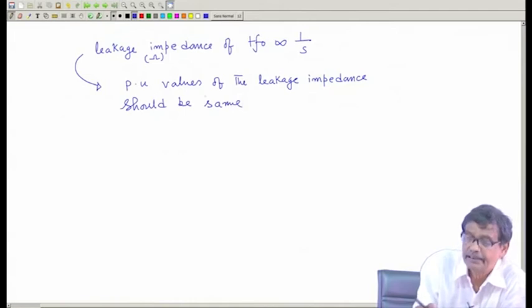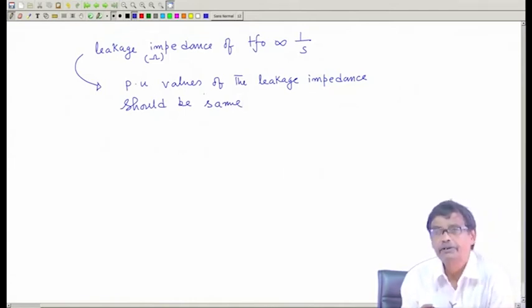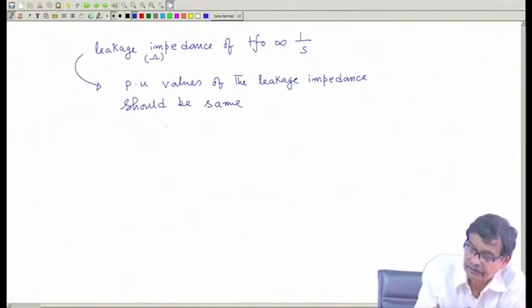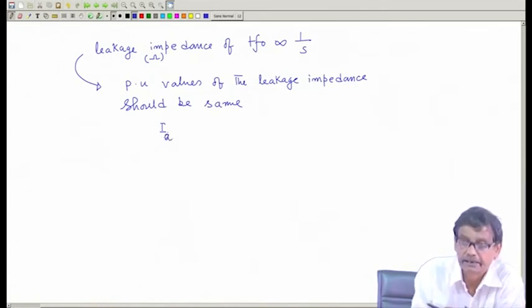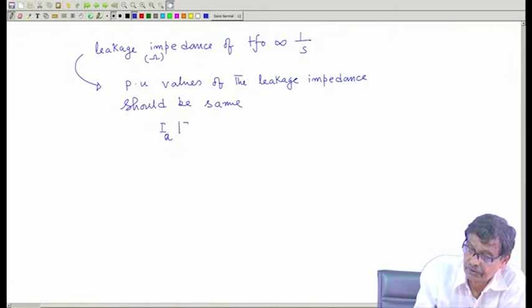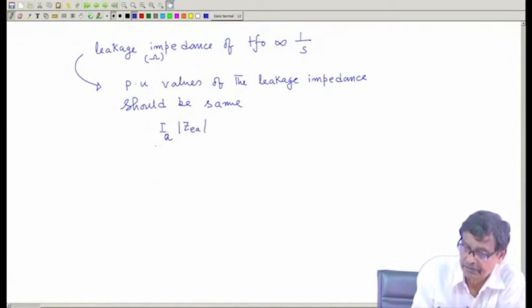This is one and the same thing, because you know per unit values of impedance for transformer A will be IA rated current into magnitude of ZA with respect to the rated voltage of that side.